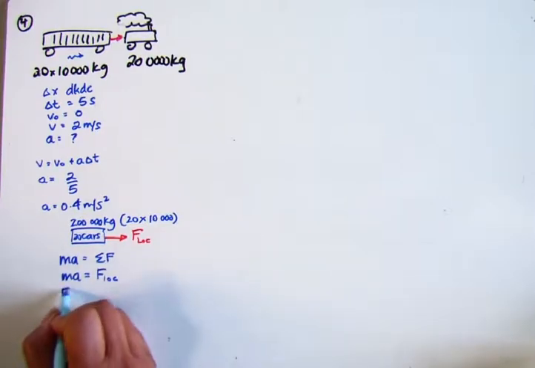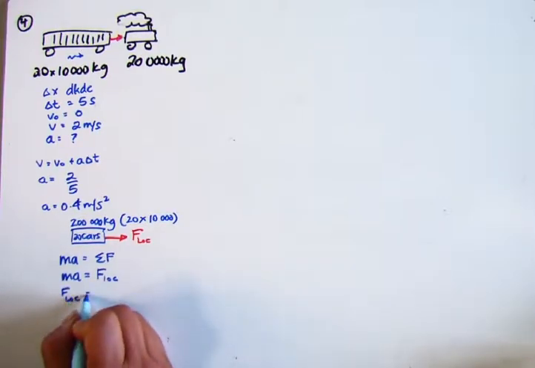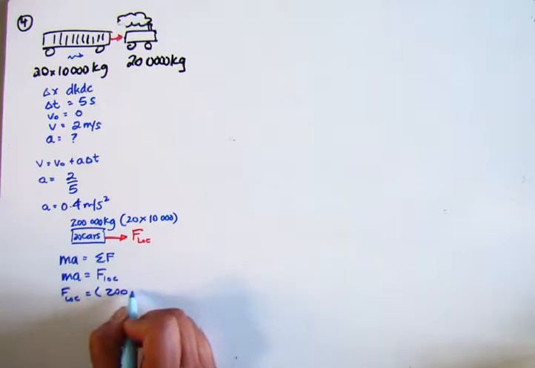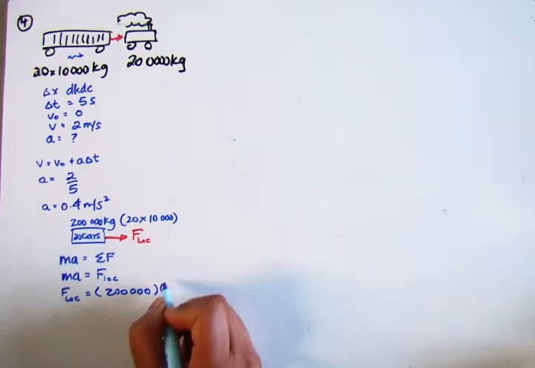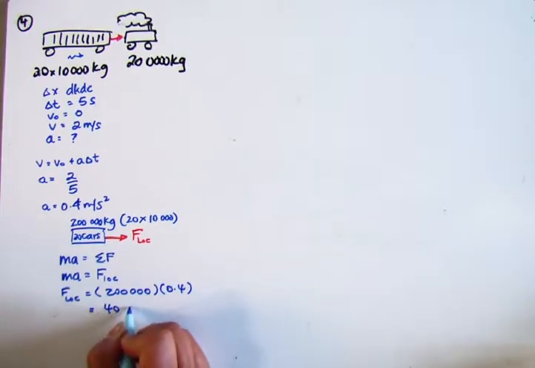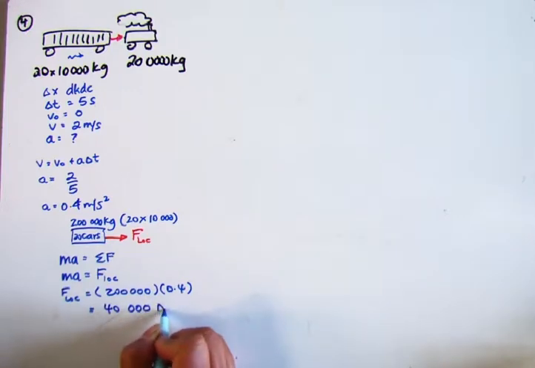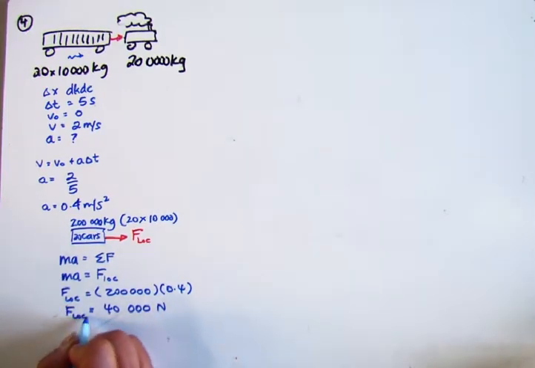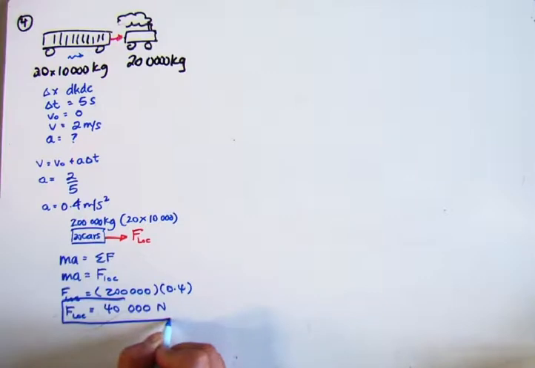So therefore, that force is equal to the mass, which is 200,000, times the acceleration, which is 0.4 meters per second squared, which gives us an answer of 40,000 newtons. So the force in the locomotive is 40,000 newtons.